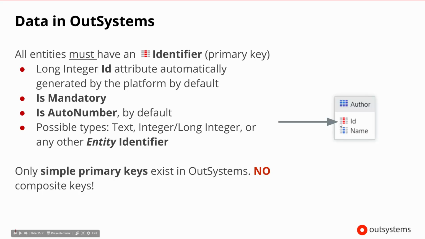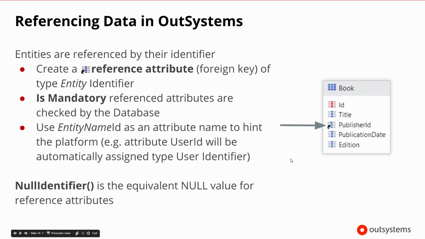So once we have an entity and we have an identifier, then when we have another entity that we want to create a relationship with and be able to reference the other entity from this entity, then we're going to have a foreign key, and for that foreign key we're going to need a reference attribute. The reference attribute has a blue stripe down the middle with a little arrow.